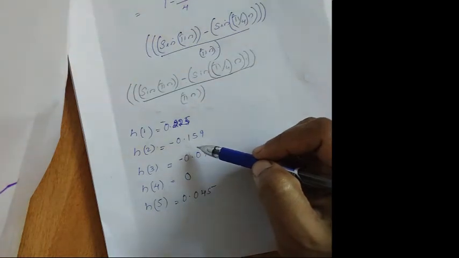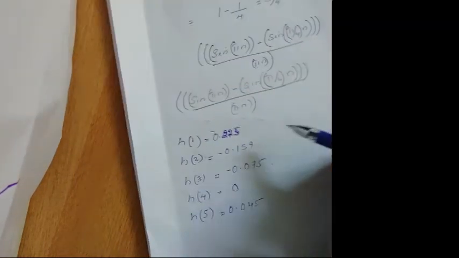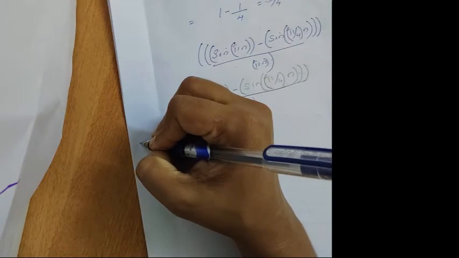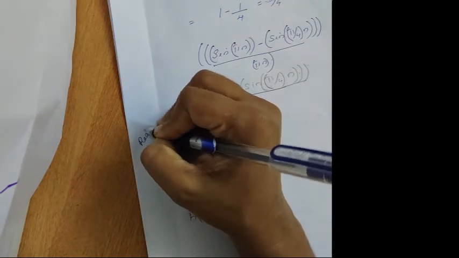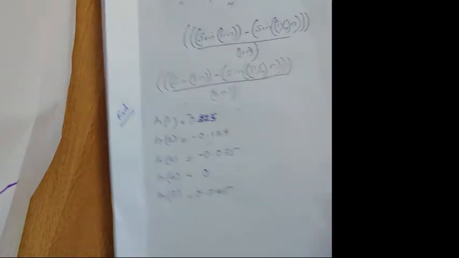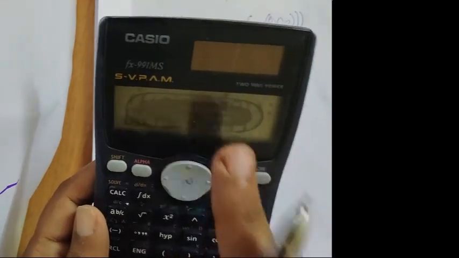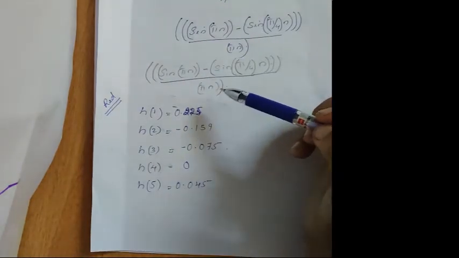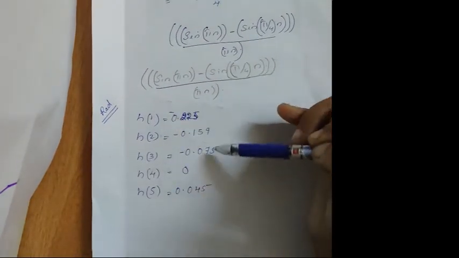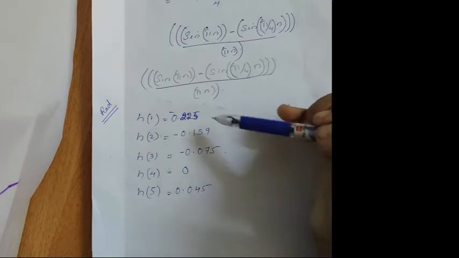So I noticed there was a mistake over there. So you have to remember that always your calculator should be in radian mode. You're doing this problem in radian mode. So the first thing you have to do, you have to change your calculator from degree to radian mode. Then you have to place the brackets over there. And if you're finding this, you will get the correct answer.